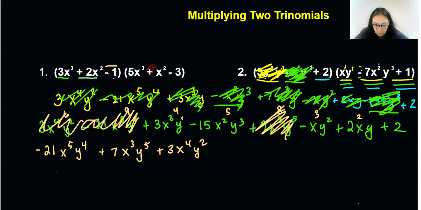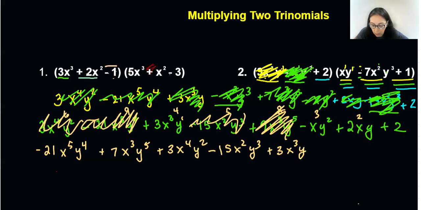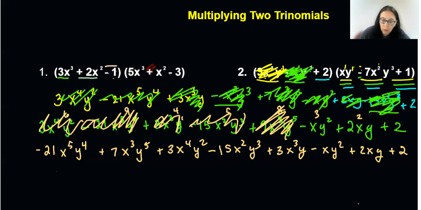Then the next is the 5, negative 15, x squared, y cubed. And then 4, 3, x cubed, y. And then minus x, y squared, plus 2xy, plus 2. And we are done. We put our like terms together, and I hope this was helpful.